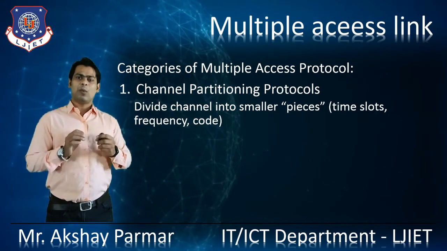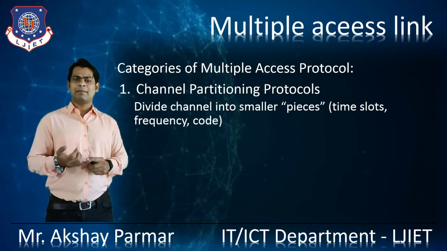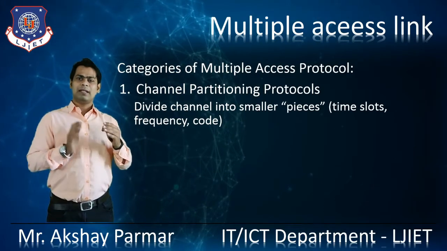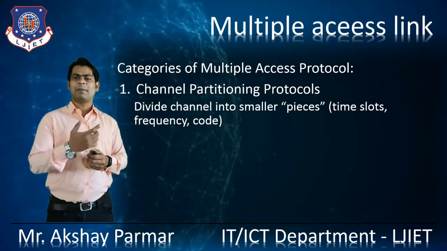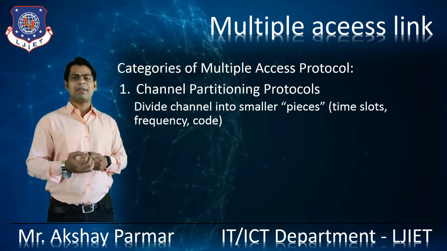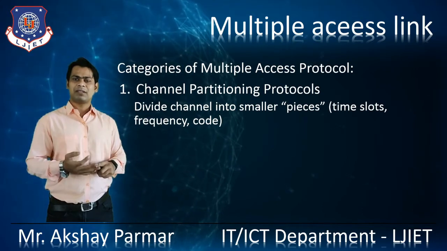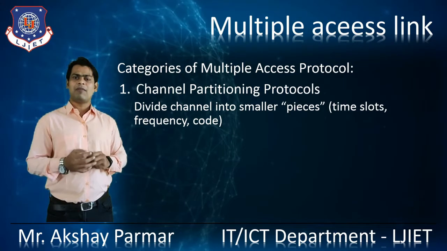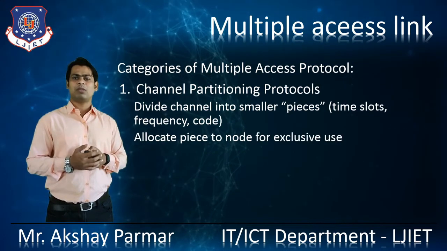In this protocol, we divide the channel into smaller pieces. Those pieces can be in terms of time slots, frequency slots, or code slots, right? So that's how the channel partitioning protocol works.